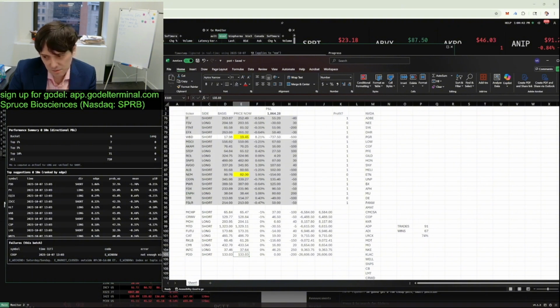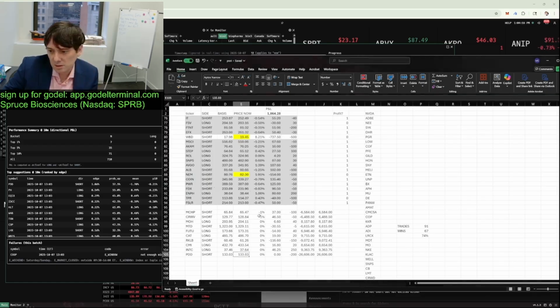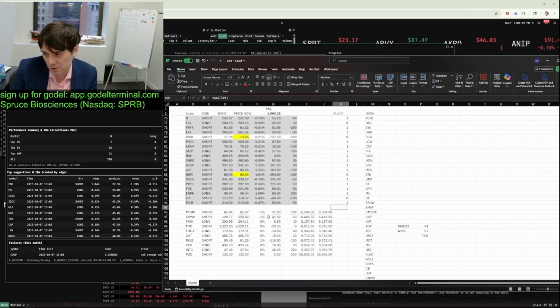Right, some more size on Pinduoduo. Out on CoreWeave, 128.82. That is a booked gain.